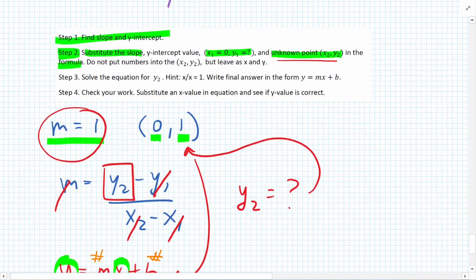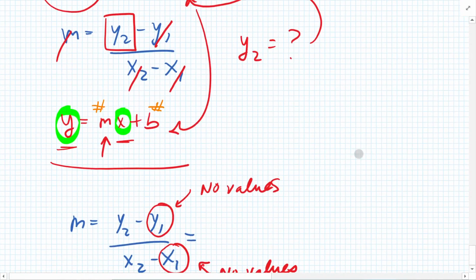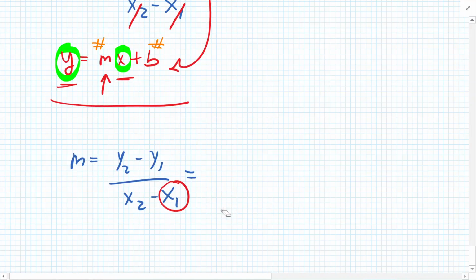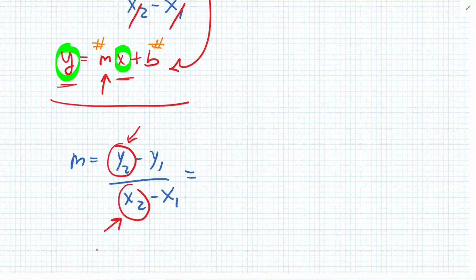Just noticed an error in my instructions. Or did I? No, I'm mistaken. I should be circling these two. These are the ones we're going to leave with no values. Okay? The reason we're choosing these two is because it simplifies the math and the manipulation.